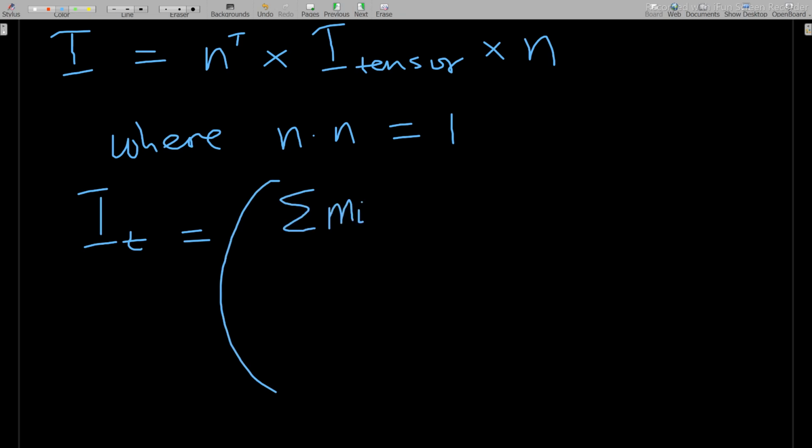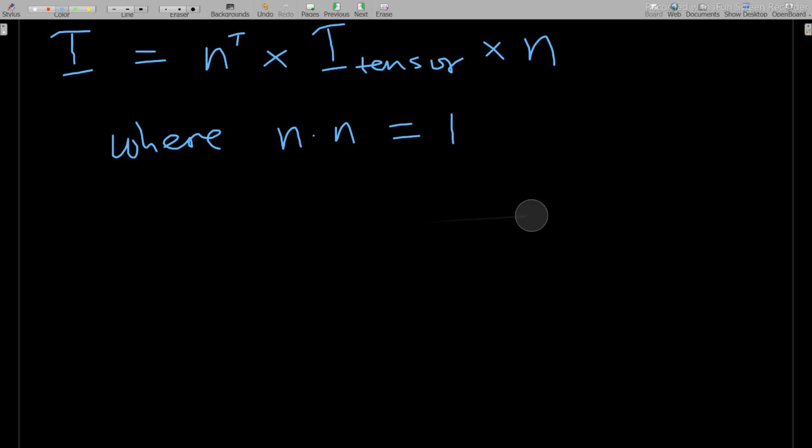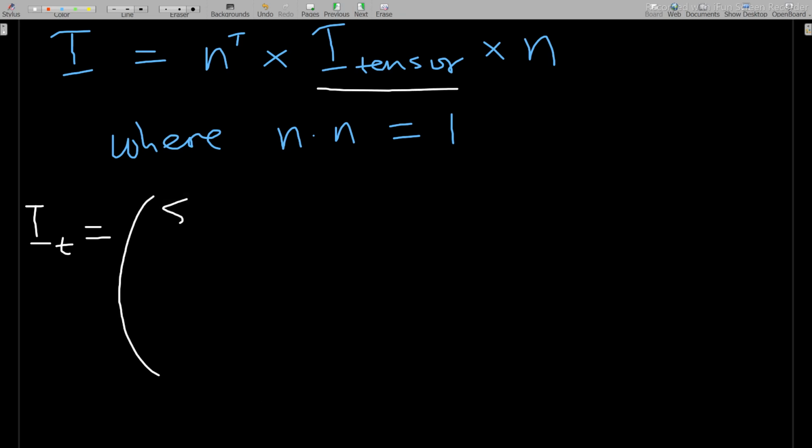The expression inside is very plenty. The first entry in the first row is summation of m_i times y_i squared plus z_i squared.